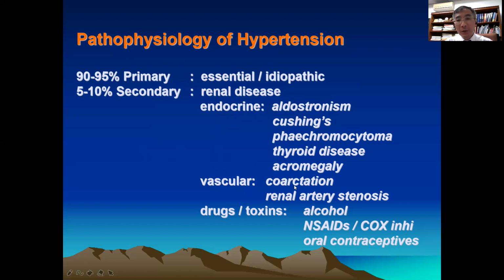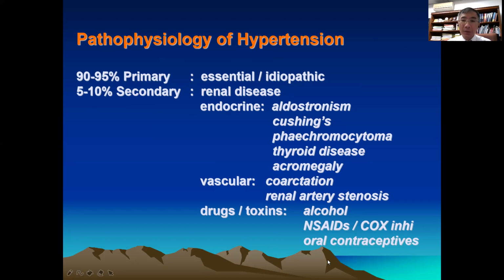Vascular abnormalities like coarctation of the aorta or renal artery stenosis will also cause hypertension, as can ingestion of drugs or toxins like excessive amounts of alcohol, like the analgesics, non-steroidals, and the toxic inhibitors, which will both elevate blood pressure levels, leading to hypertension, as can oral contraceptives.